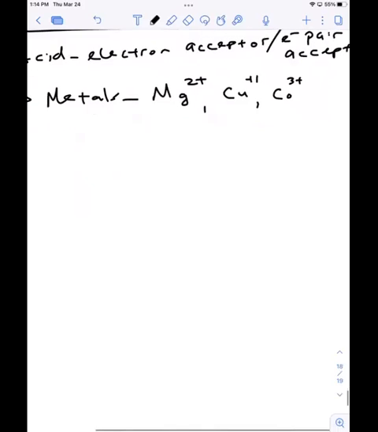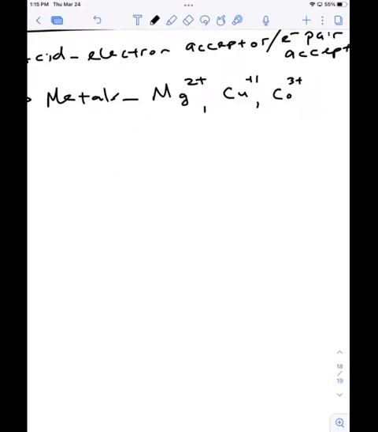Those are what we call Lewis acids. They can accept electrons from other atoms or from other ions. It's not always going to be a neutral atom. Sometimes it'll be from an anion, or sometimes it'll be from a neutral atom. So it just depends.